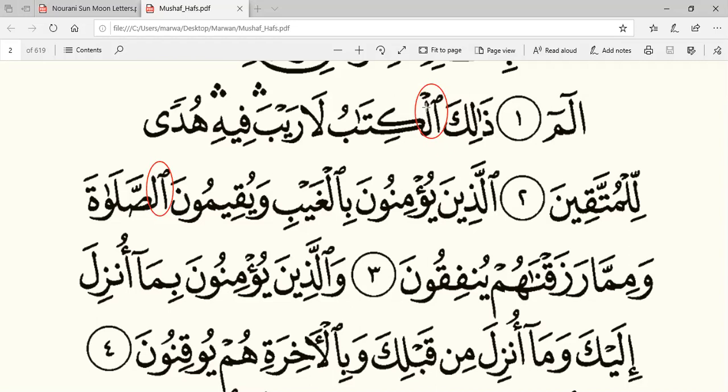In this case, it is called lam al-qamariya, the lunar lam, and this is lam shamsiya, the solar lam.